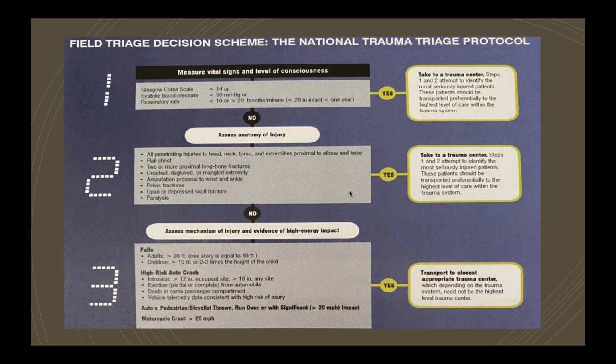So if you have two vehicles, a semi versus a car, and the semi driver's fine with no injuries walking around scene, and then in the car you have a driver who is dead on arrival, and then another passenger who is hurt. If you transport that semi driver, is he an automatic trauma code based on criteria in step 3? What would you guys think? Or how would you guys deal with that?